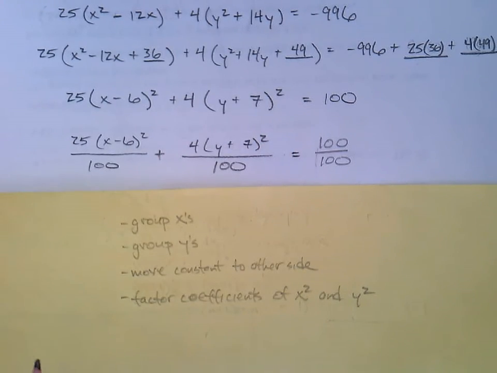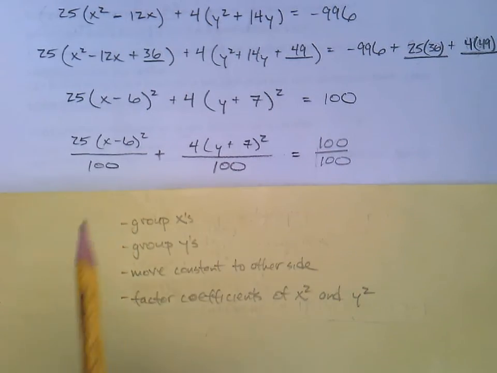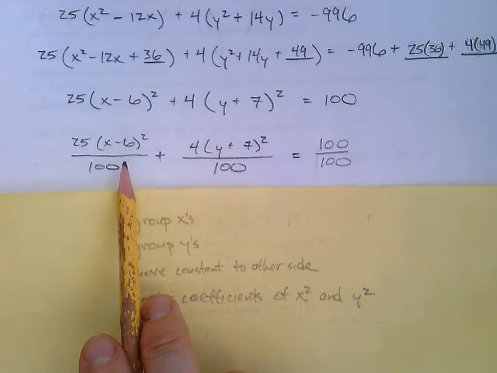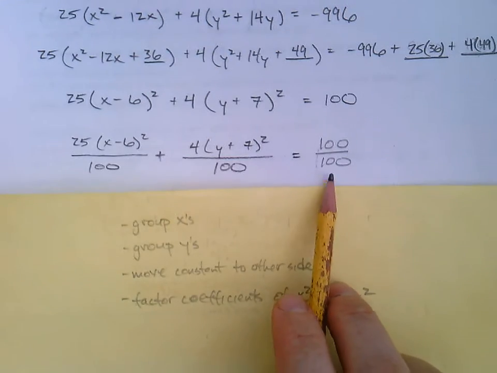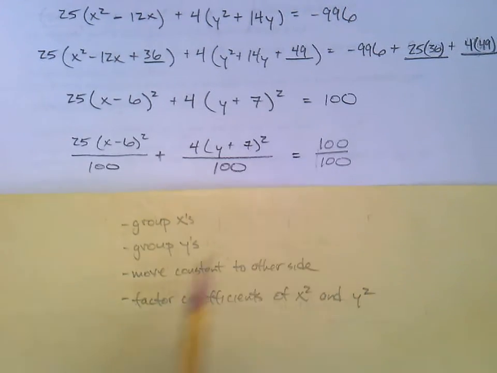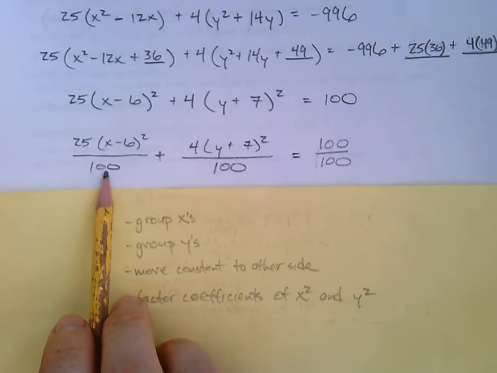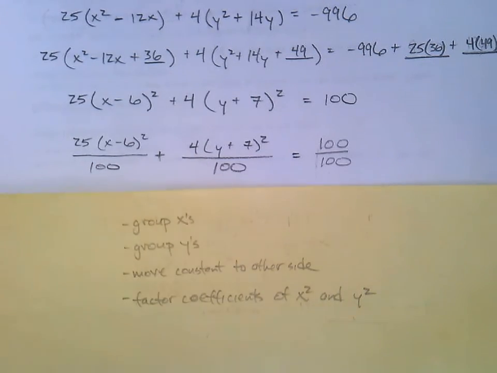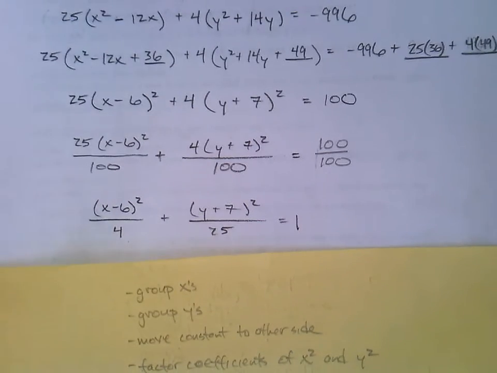So really we're dividing both sides by 100, but we can go ahead and just say each one of these is divided by 100. We saw that in the last problem. Of course, this will give us the 1 that we're looking for. And we'll also need to reduce over here. So 25 over 100, 4 over 100, that would reduce to this.